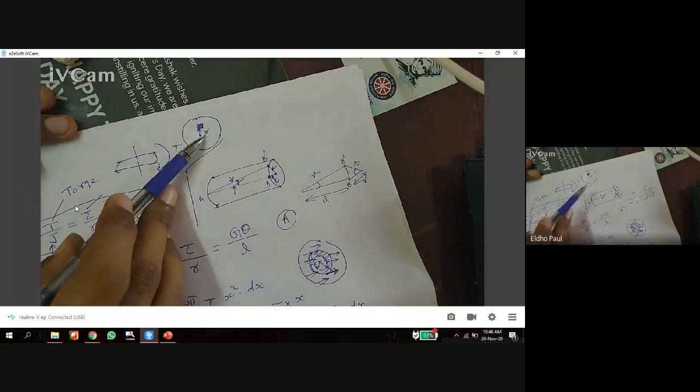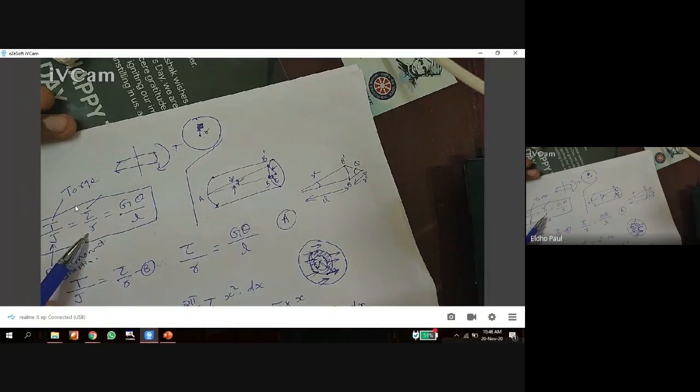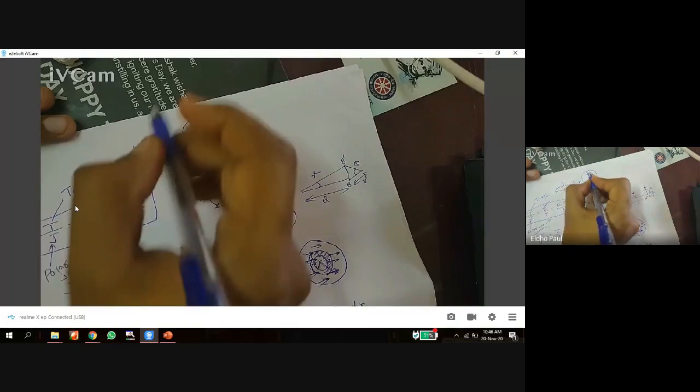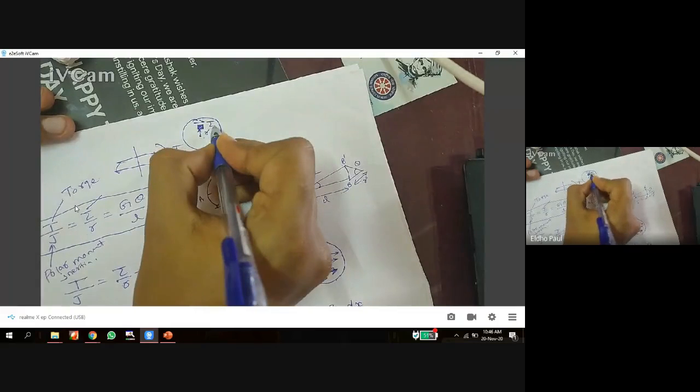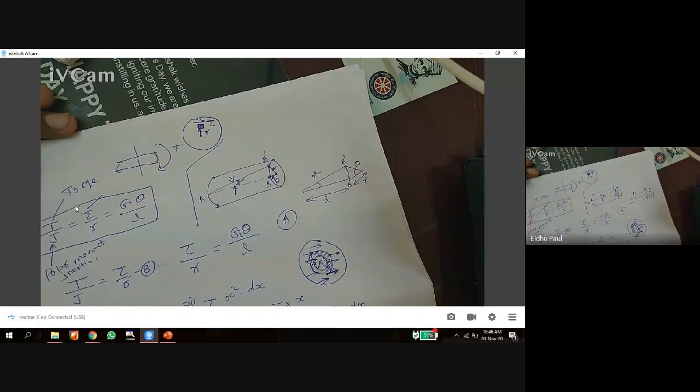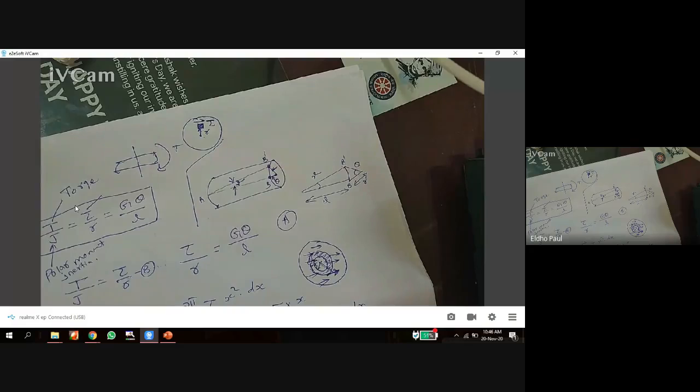This r is the distance from the center to the element which we are considering at the cross section. In this element, a shear stress is developed. That is tau. This is very important: this r is not the radius of the shaft.